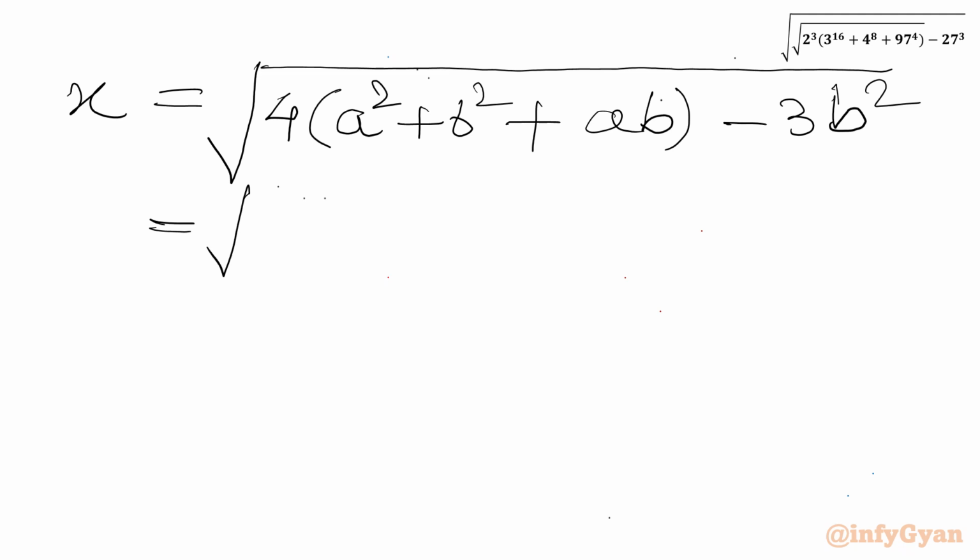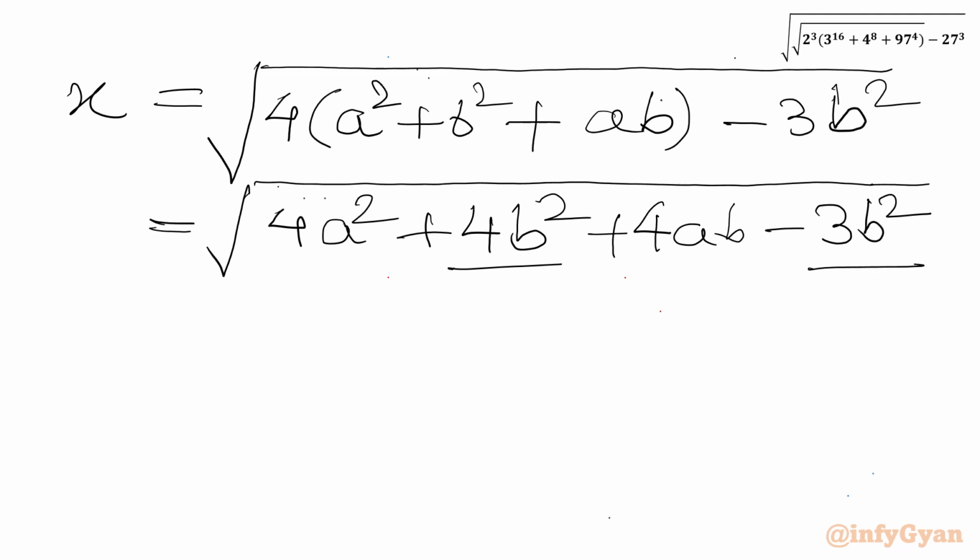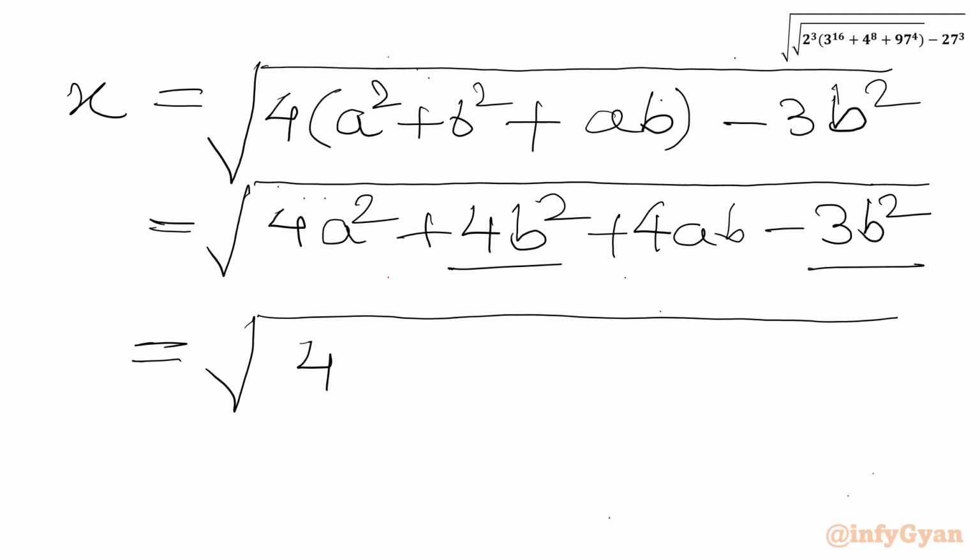We will write square root of 4a square plus 4b square plus 4ab minus 3b square. So 4b square minus 3b square. We can write square root of 4a square plus b square plus 4ab.